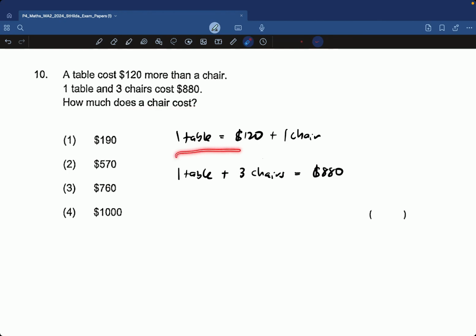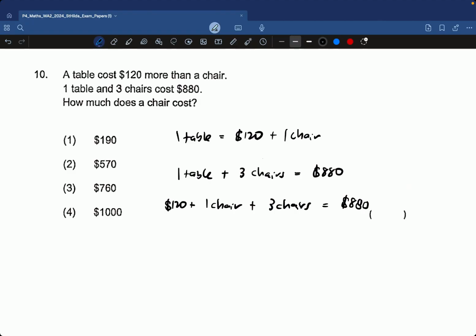Since we know one table is equal to $120 plus one chair, we will swap this over here. So this will be $120 plus one chair, and then we can swap everything out, plus three chairs equal to $880.